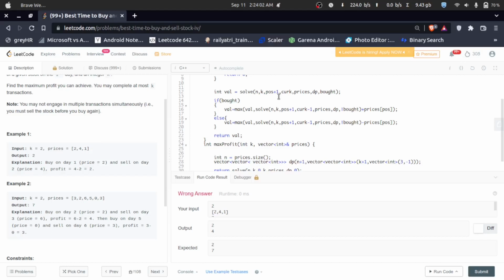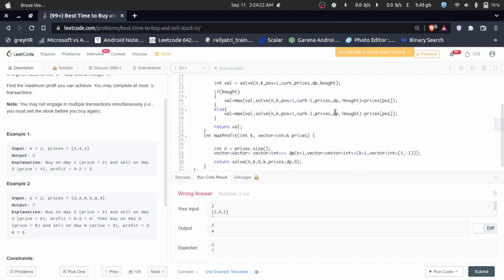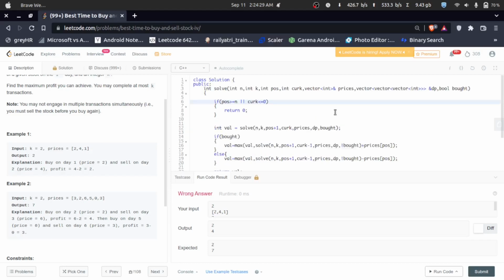So same here, maximum of that, the value in k is the constant, position plus 1, at the current k minus 1, prices dp. I'll have to check that first.